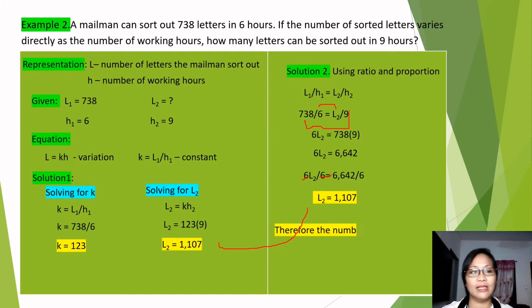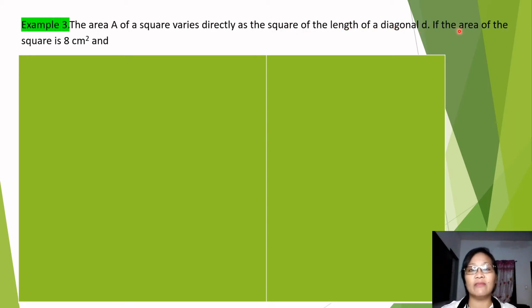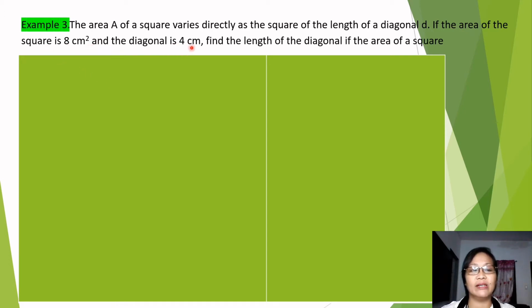Next example, example number 3. The area A of a square varies directly as the square of the length of a diagonal D. If the area of the square is 8 centimeters squared and the diagonal is 4 centimeters, find the length of the diagonal if the area of the square is 144 centimeters squared. Next, we need to get the representation first.